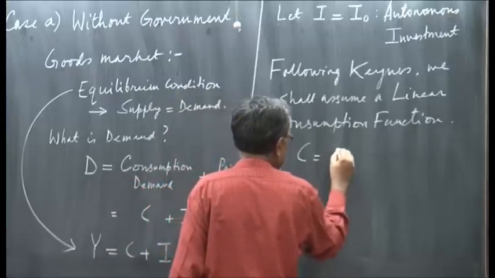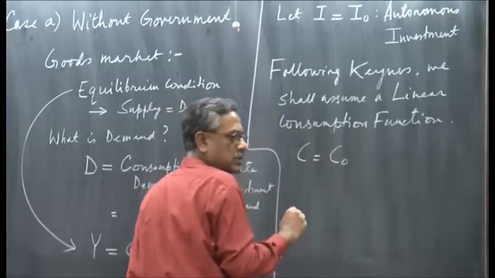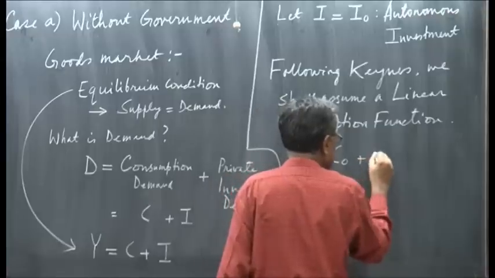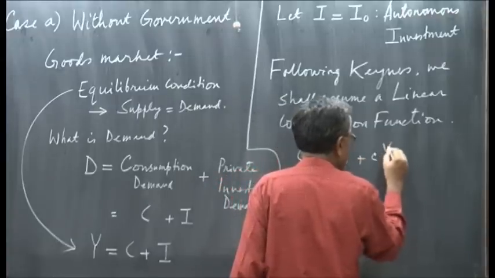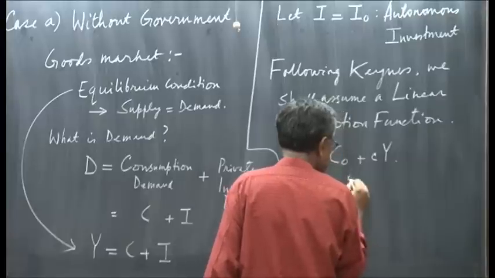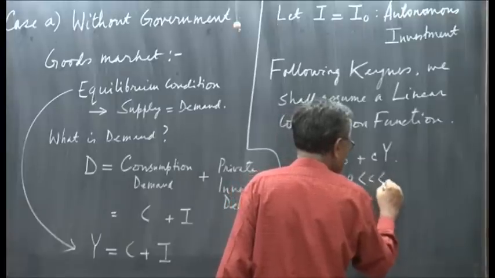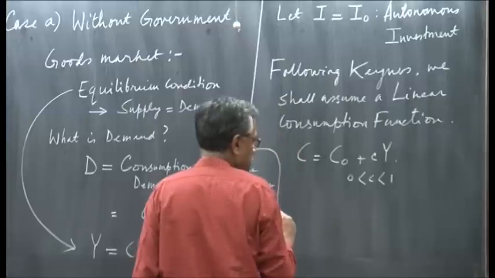Consumption is equal to some autonomous component plus a small c, which is the slope of the function, into y. C lies between 0 and 1.